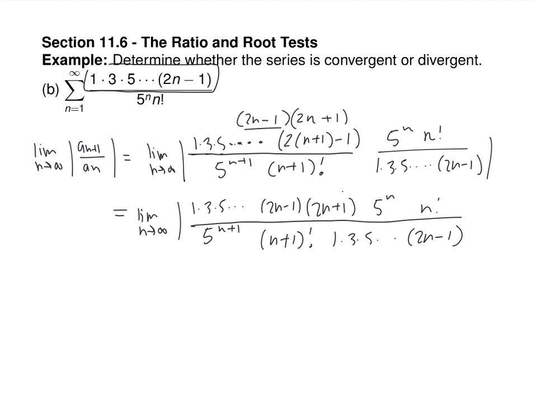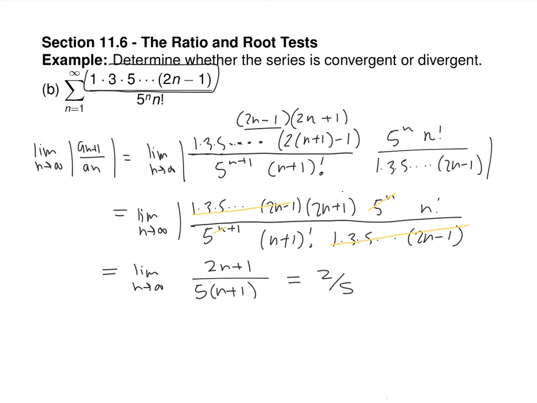And a lot of stuff will cancel. Notice that all this goes away. The 5 to the n goes away, as does the n factorial, leaving us just an n plus 1 in the bottom. So we have the limit as n goes to infinity, 2n plus 1 in the numerator, and a 5 times the quantity n plus 1 in the denominator. And that limit is 2/5.